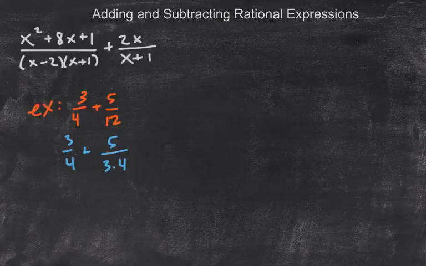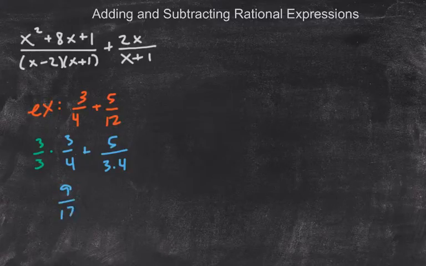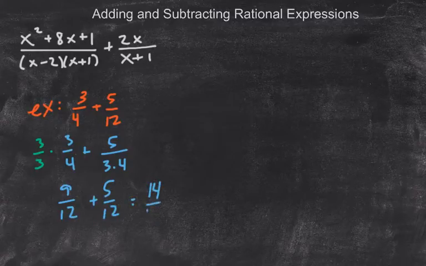I can just multiply 3/4 by 3/3 and get my common denominator of 12ths. So 9/12 plus 5/12 is 14/12, which I could then reduce using a giant 1 to 7/6. So that's just a quick example with rational numbers.